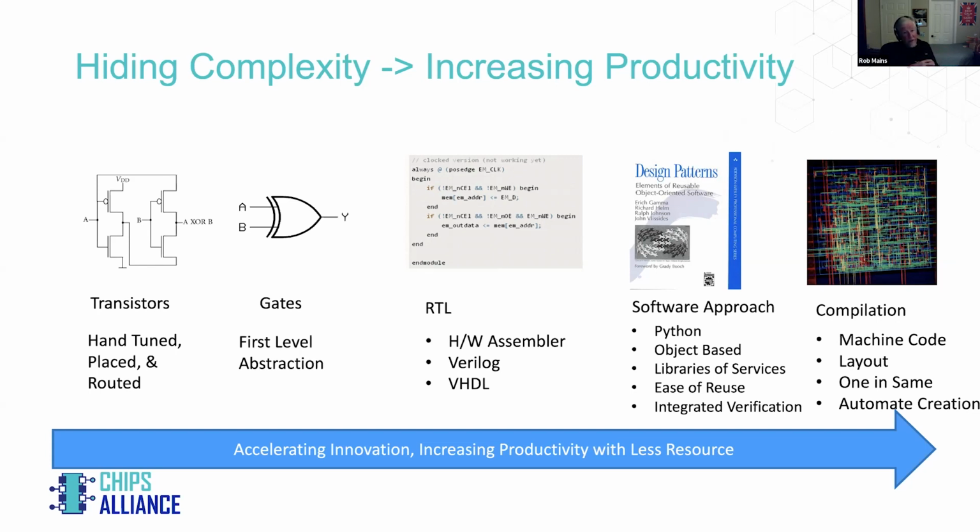Python is one of the languages that is actively being used for hardware description. It's object-based, there's library services, there's ease of reuse and integration verification. And finally, then that can be compiled or built down into the actual transistors, which is similar to what compilation does in the software world. Again, the overall idea is to accelerate innovation and increase productivity. So CHIPS Alliance is doing active work in this entire area to help make this a reality.